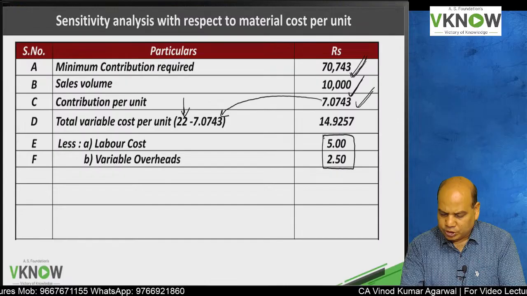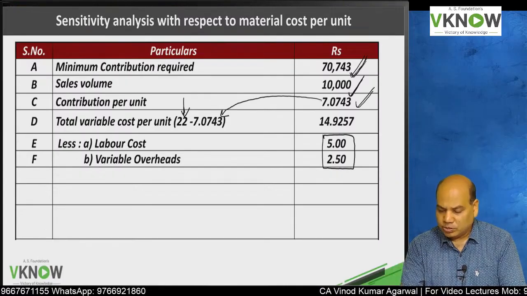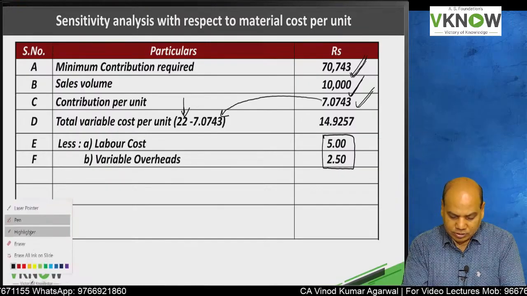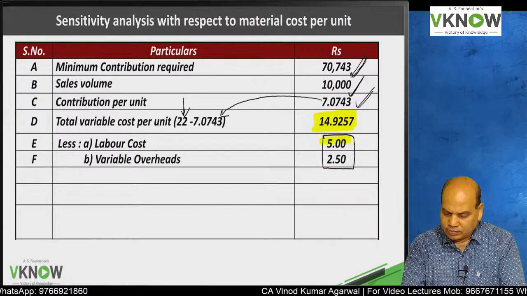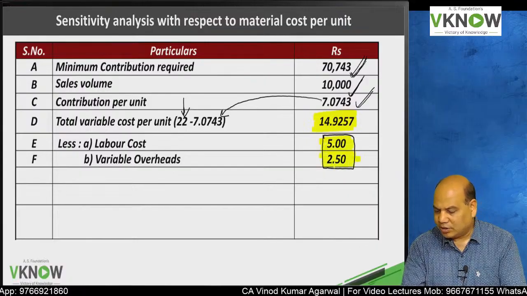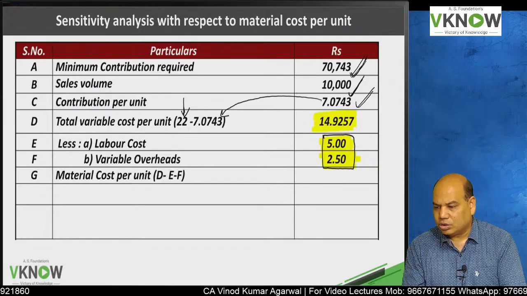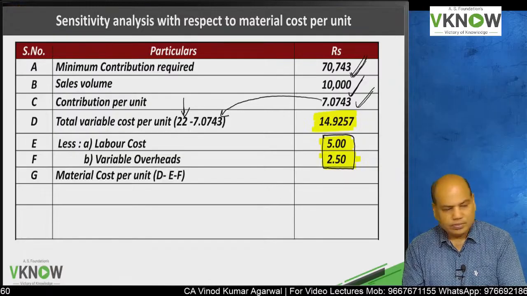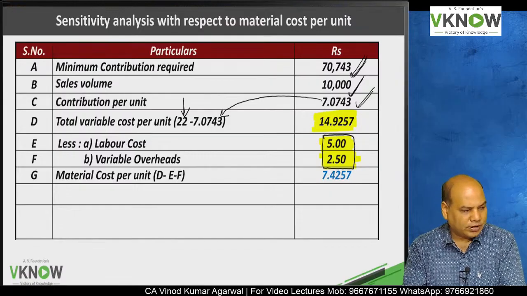And the third component of variable cost is material, which will be the balancing figure: total variable cost minus labor minus variable overhead. Material cost per unit comes to 7.4257.